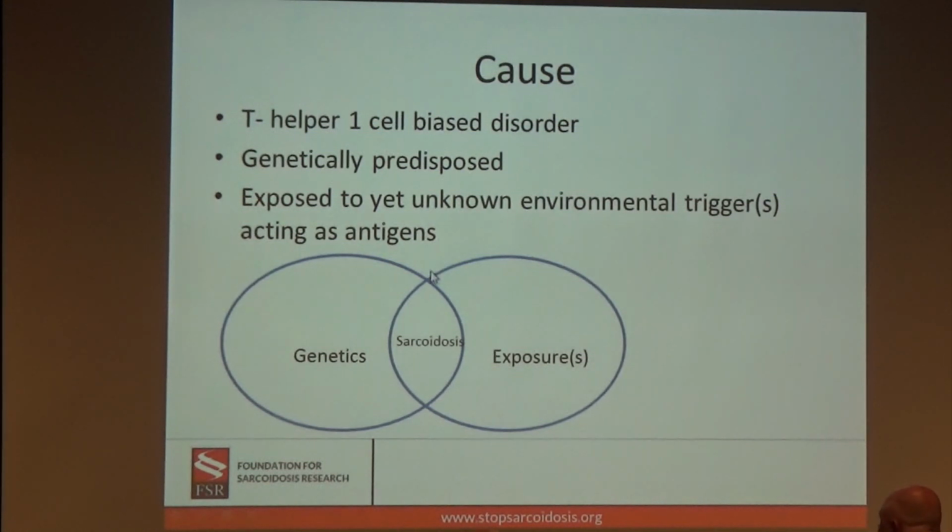Like I said, there have been lots of studies on the exposure part. There are lots of ongoing studies, some that we heard about during this conference, on the genetics part, and then lots of work being done on the immunology side of sarcoidosis as well.